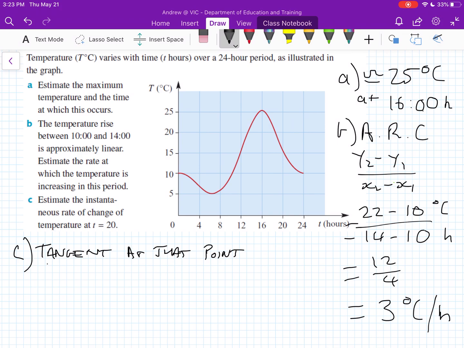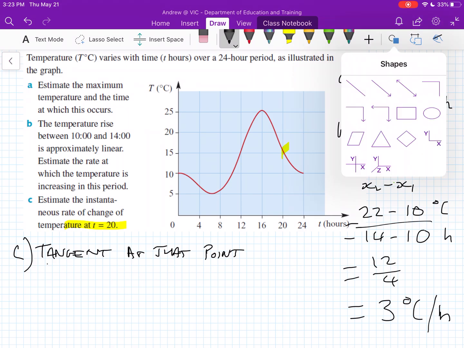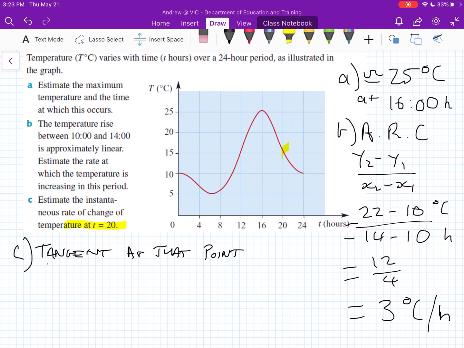So we're looking at when t is equal to 20. Okay, so t is equal to 20 is about here. So we need to draw a tangent to that line there. So I'm going to try and get out the straight line on this and see if I can get this all right.